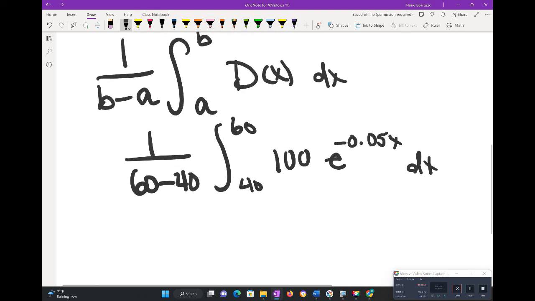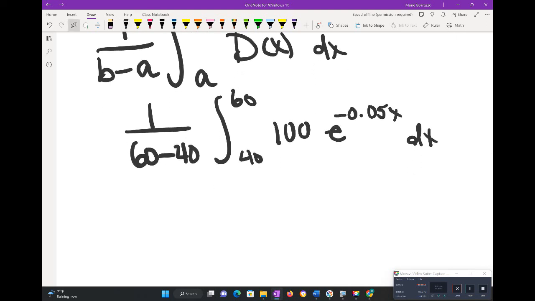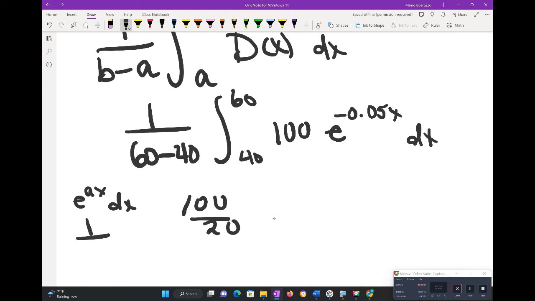And so little math, you end up in this case with 100 over 20. And again, just remember, e to the ax dx becomes the equivalent of 1 over a e to the ax, where a is obviously not 0. So 100 over 20, here's your integral. Obviously you know where the 20 comes from, the 100 obviously from the transformation of the function.